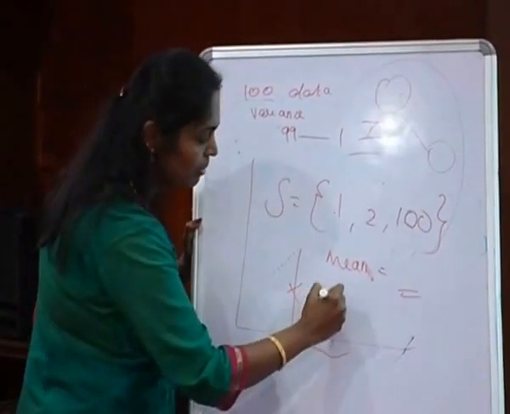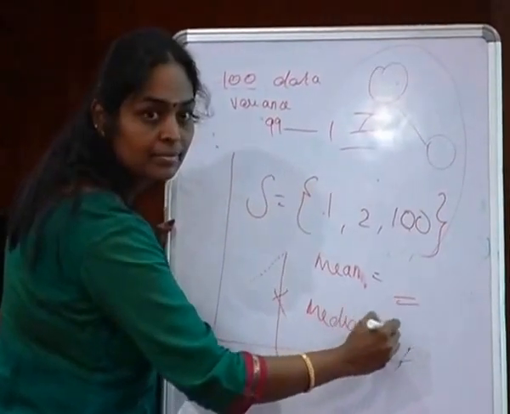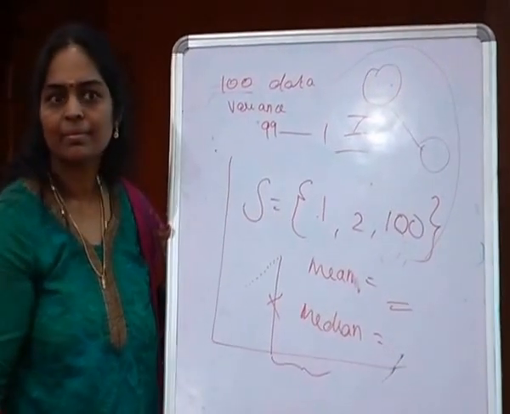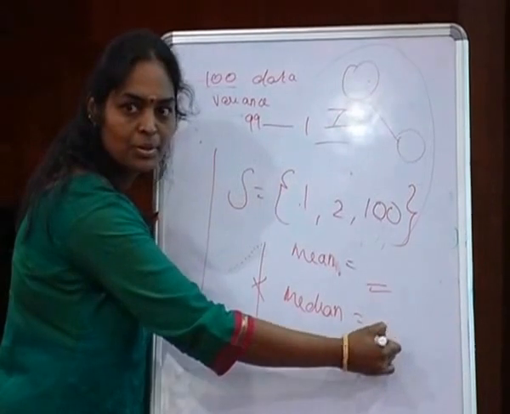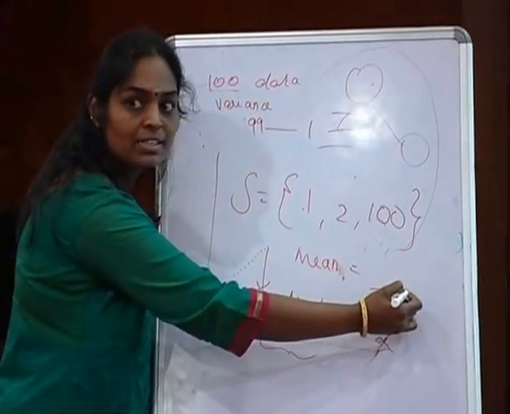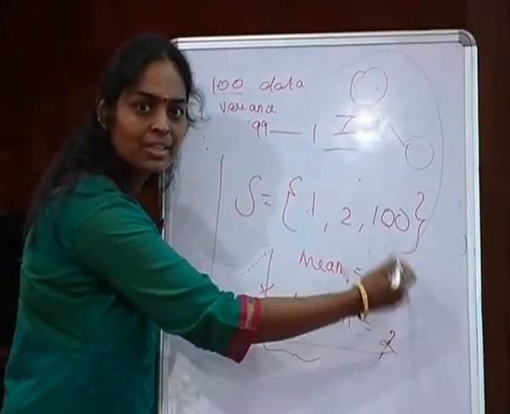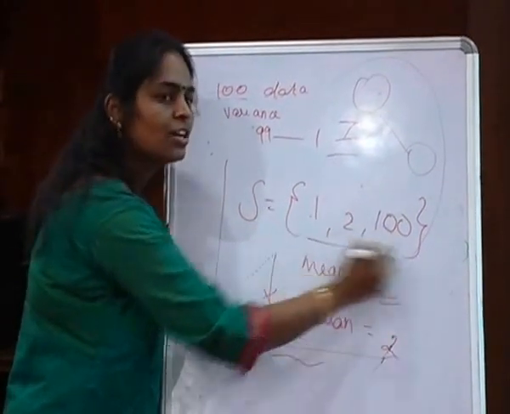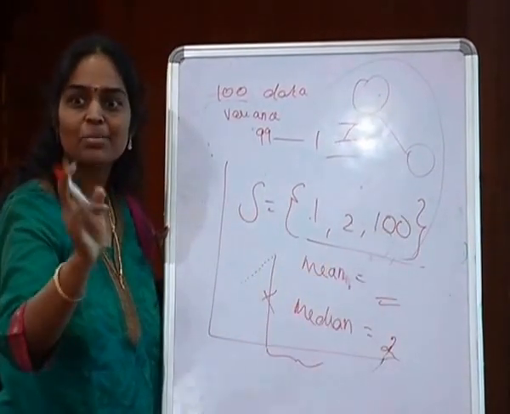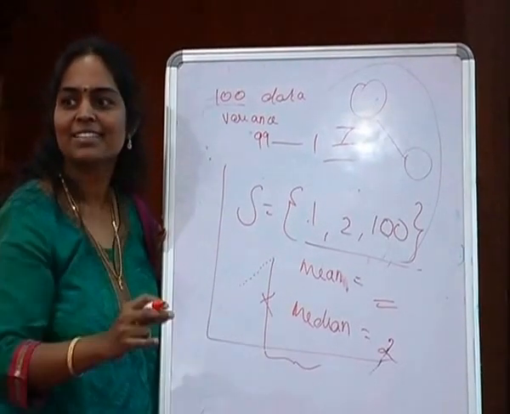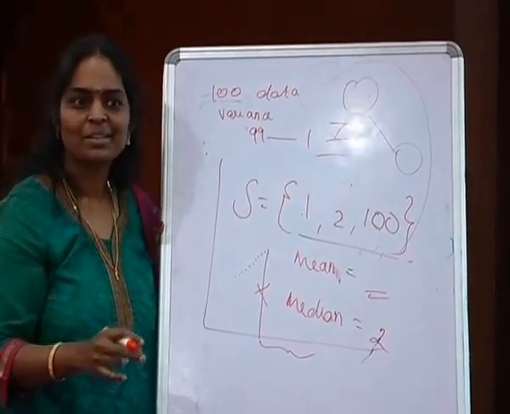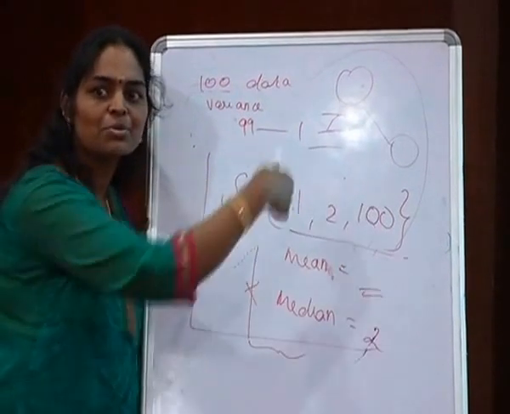If I do a median, what will be the value of the median? It will be 2. What will be the value of mean? Is it 2? It will be some higher value which is not in the data set itself. That's another problem with the mean. Mean does not belong to the data set many times. The mean becomes a generic value which is out of my data set.